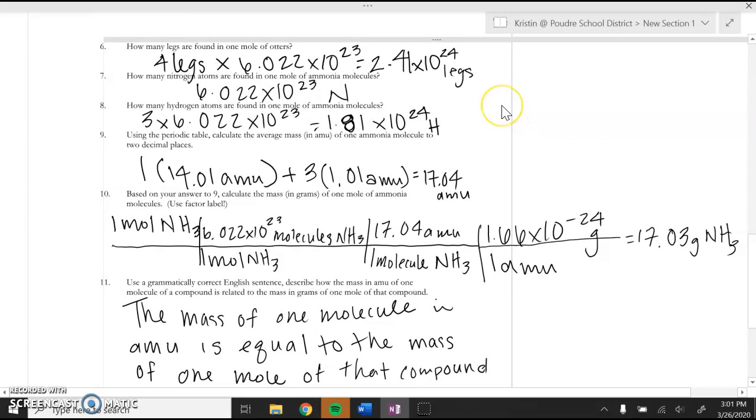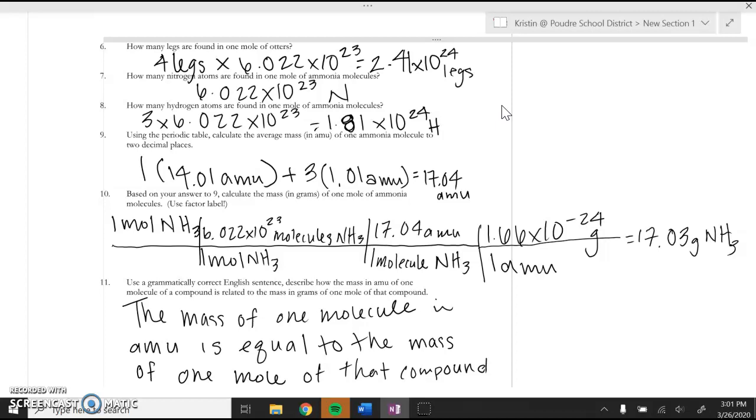If we want to think about how many legs are on an otter, there's 4 legs on each otter, and then we have a mole of otters. So we can do 4 legs multiplied by Avogadro's number and find out that a mole of otters would have 2.41 times 10 to the 24th legs.